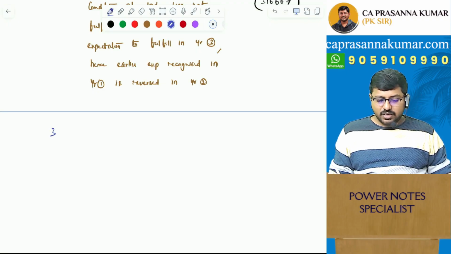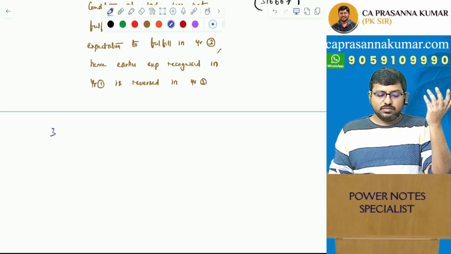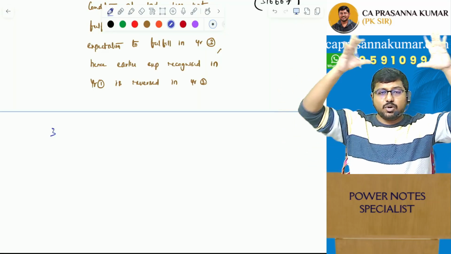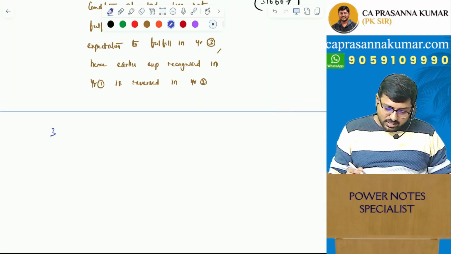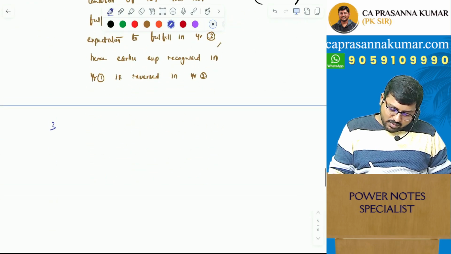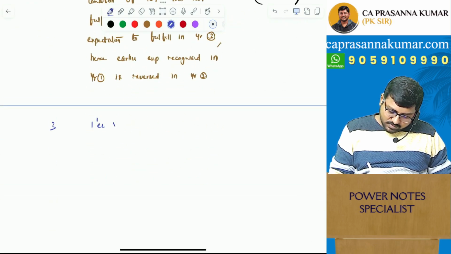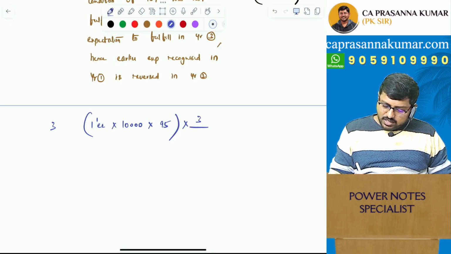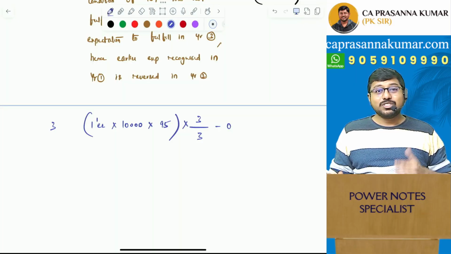Coming on to year 3, all of a sudden now it is satisfied. So therefore, all the expenses, the fair value of the options, will be vested in year 3 only, which means one employee into 10,000 options into fair value of the option on the grant date into vesting period completed divided by total vesting period minus expenditure recognized in the previous years, or 0.